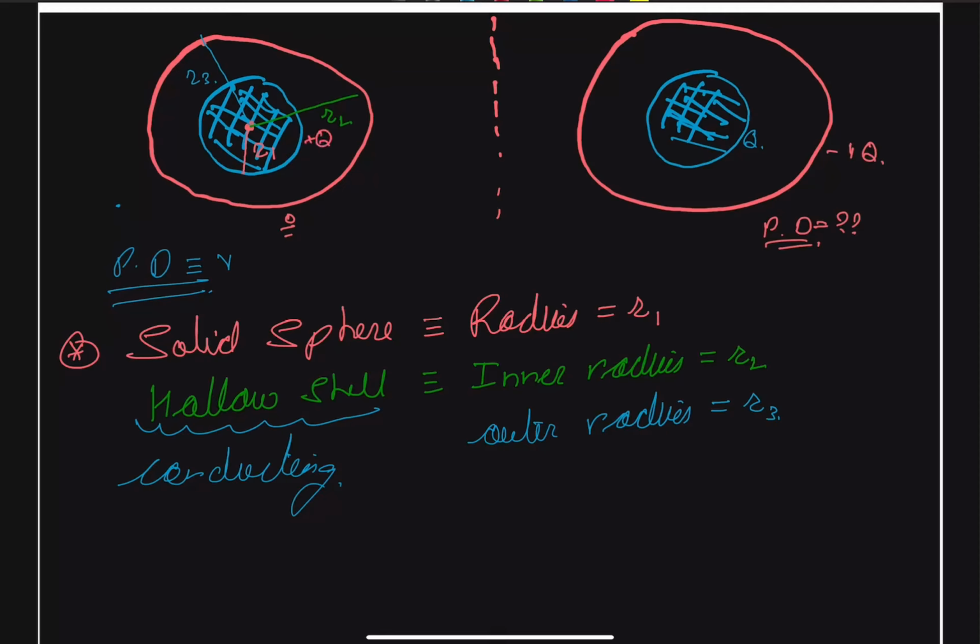So from the inner side we are going to get an induced charge of minus q, and on the outer surface we are going to get a charge of plus q. Because of this, the net charge on the shell is equal to 0.